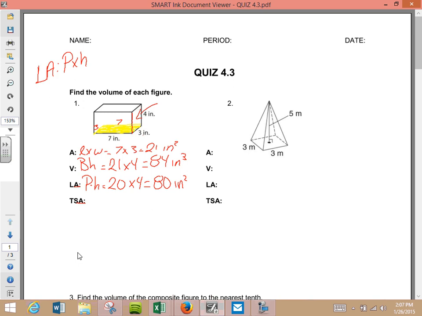Let me highlight the area again. What is the measurement of that? 3, right? What is the measurement of this line? What is the measurement of this? Okay.